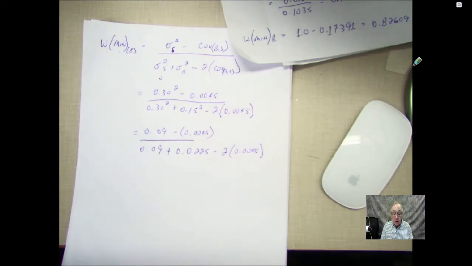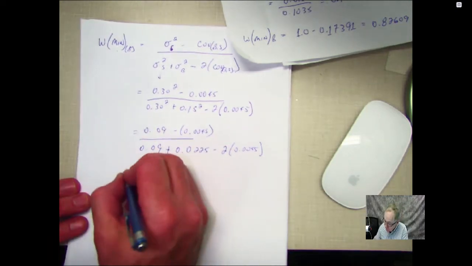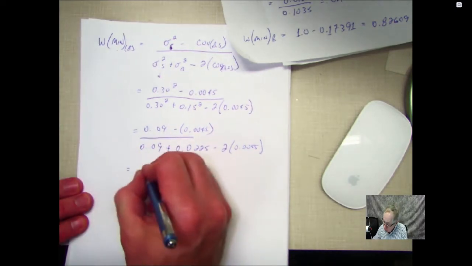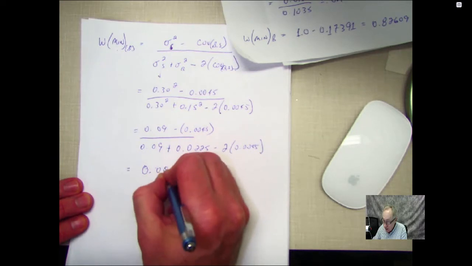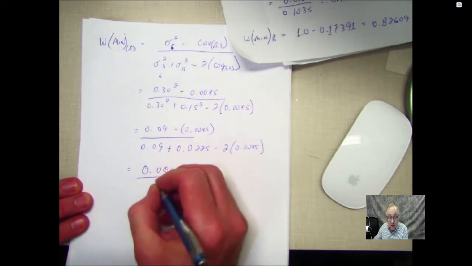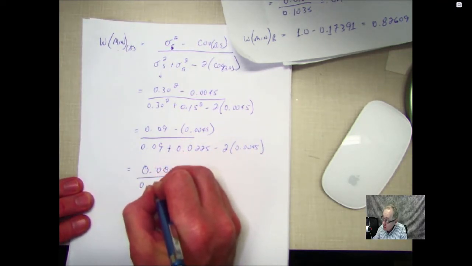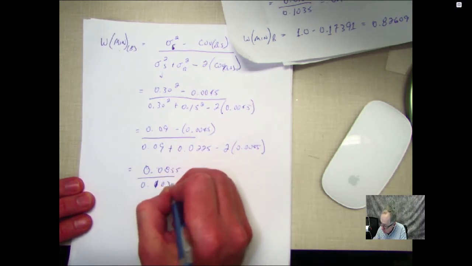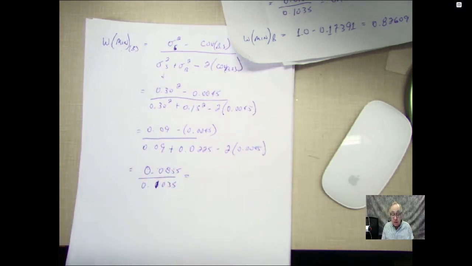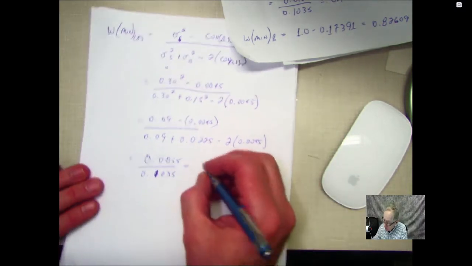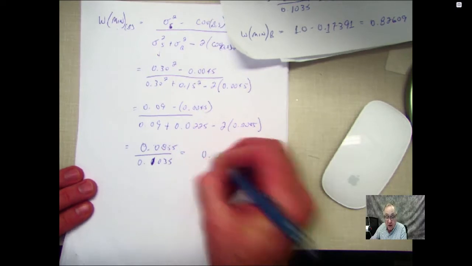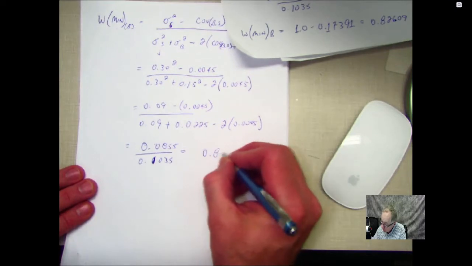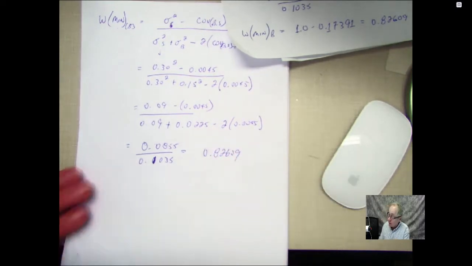So calculating that across, we get further, our numerator changes to 0.0855. The denominator simplifies to 0.1035, and that, if we could show you on a calculator, so for you to prove, is 0.82609.